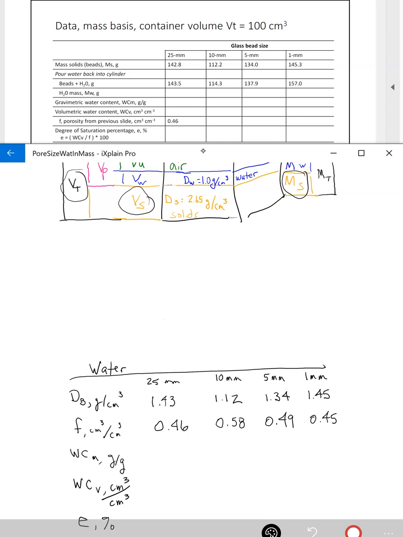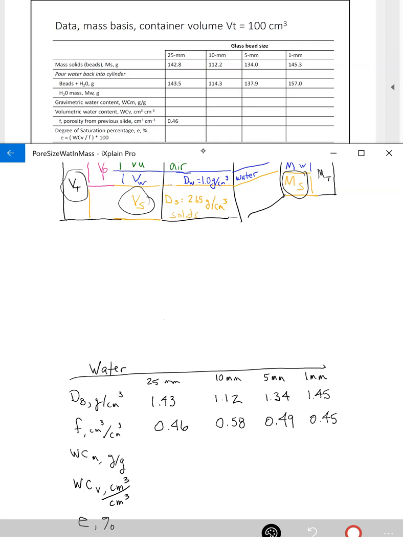So what is our water content, gravimetric, and then volumetric, and then the degree of saturation that we're going to use. So with that, let us continue and do these calculations.